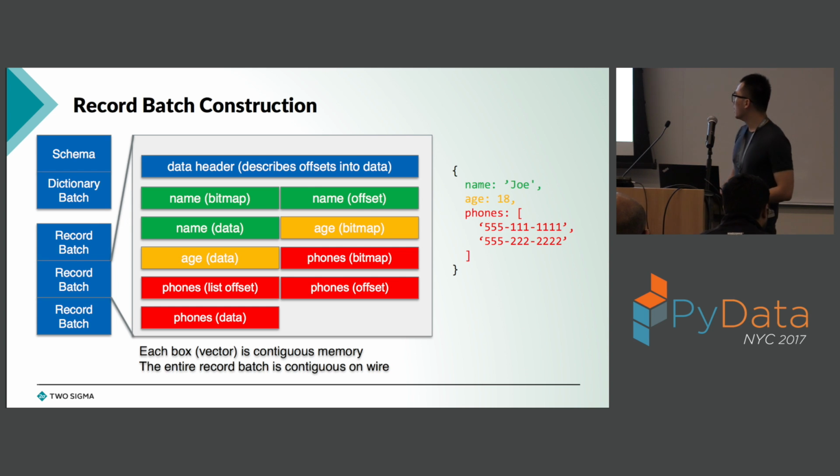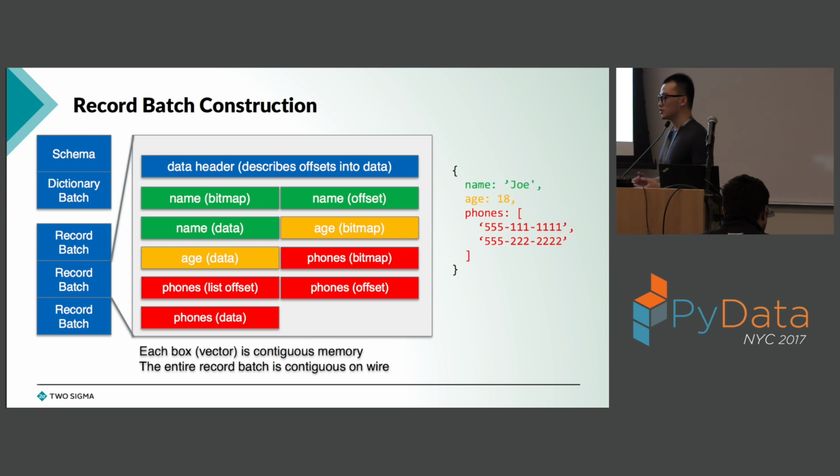Apologies again. This is the Arrow format from a memory point of view. The point here is to show that these vectors are all just contiguous memory, contiguous byte blocks in memory. Actually, Arrow is organized into this idea of record batches. A record batch can be, let's say, 5 columns with 10,000 records.